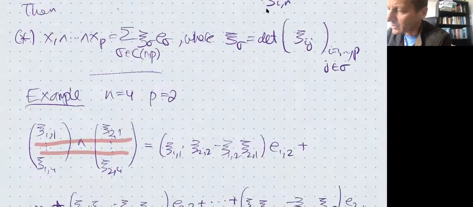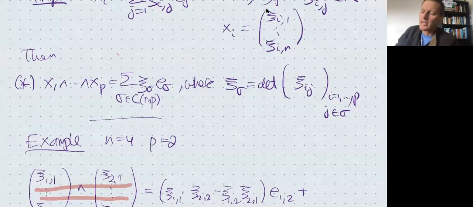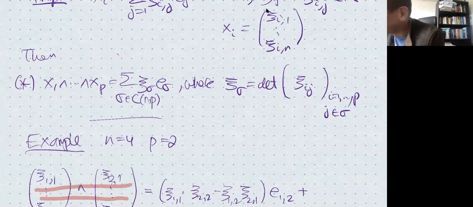Remember that this is star, and we decided that if you have some e_i wedge e_i, you get 0. And so this left-hand side becomes 0. And what happens to the right-hand side? In these determinants, for two different j's, you have the same vector. And so this determinant is always 0.